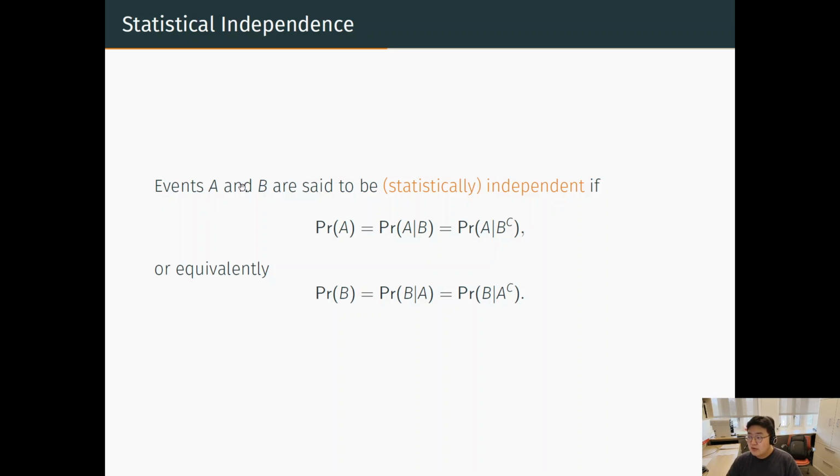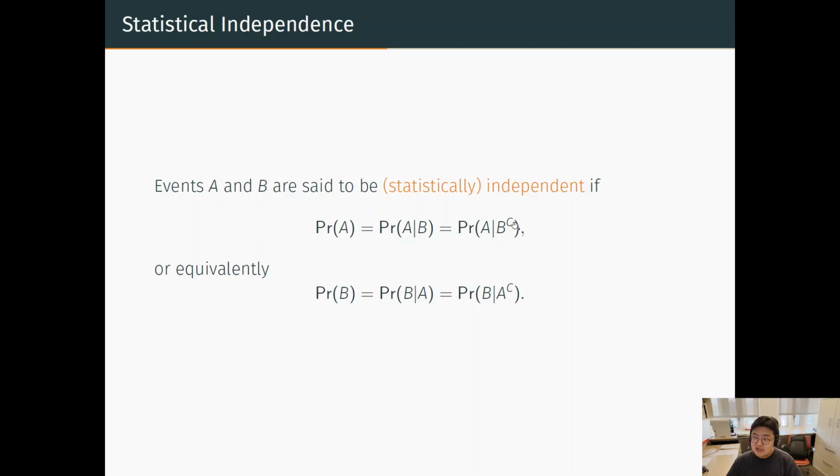So if the probability of A unconditionally, or conditioning on B, or conditioning on not B are the same, then A and B are independent. And if this is true, mathematically, you may flip the roles of the condition and main event. So you can also think about the probability of B. The probability of B will be independent of conditioning on A or not.